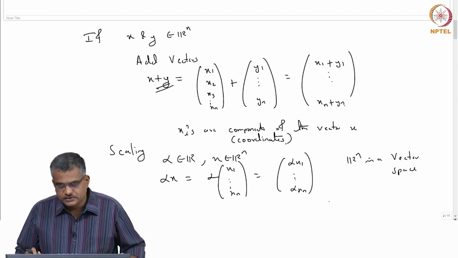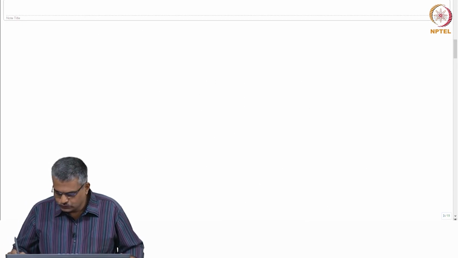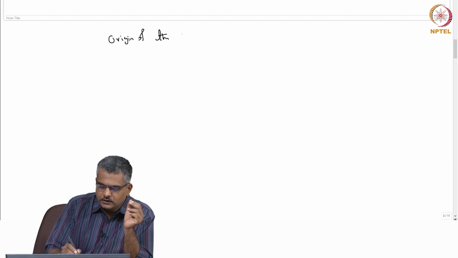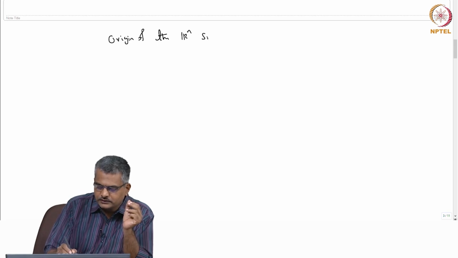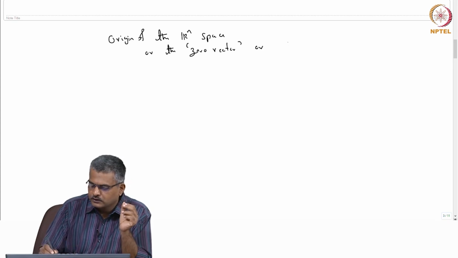What other operations can we do? Well, we also need the notion of the origin of the Rn space, the zero vector, or the trivial vector.